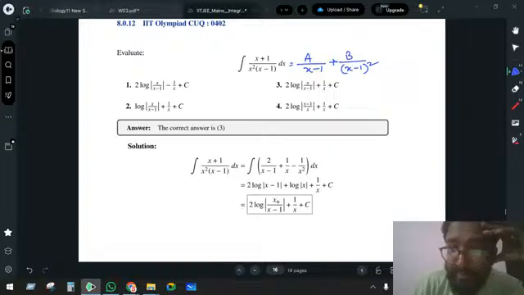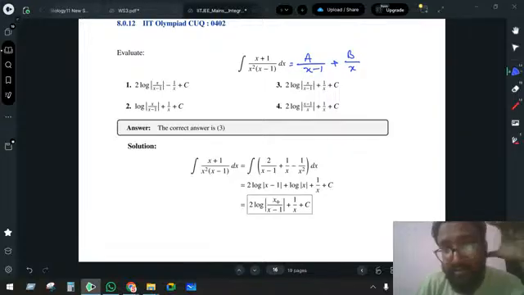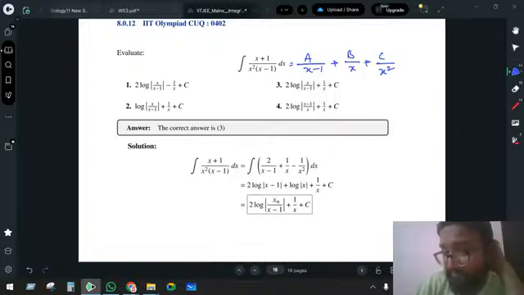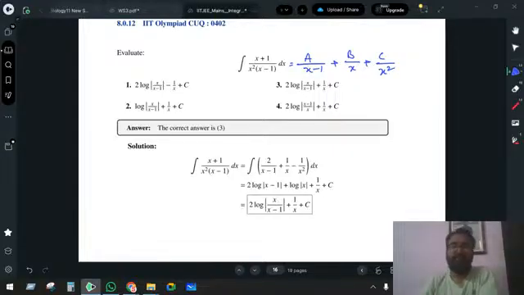But here it is not, so we don't take. So come to here. Next, what you have to take, plus for x it is b by x, and x square is there, so therefore it is c by x square. Clear? Yes, sir. Am I right?